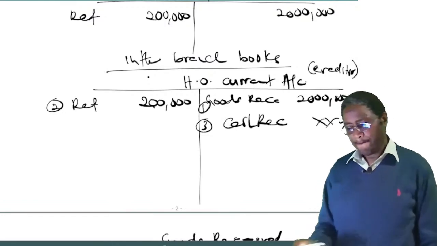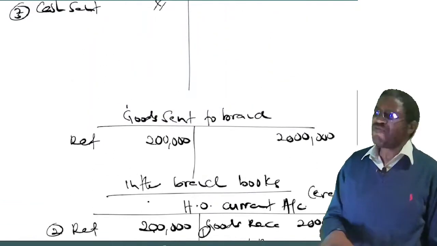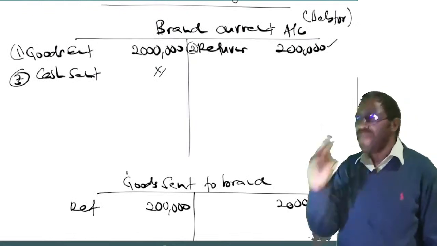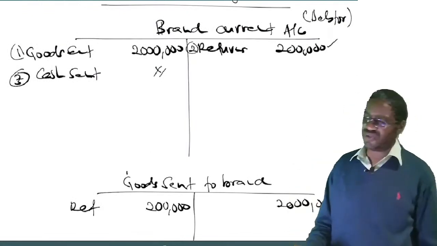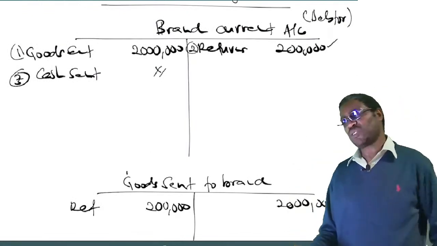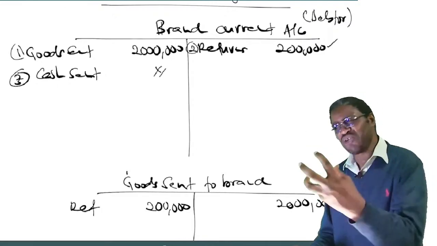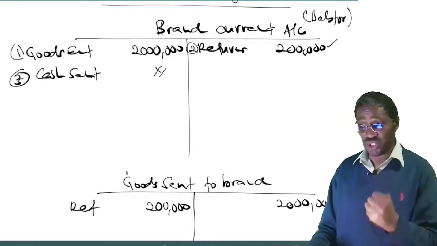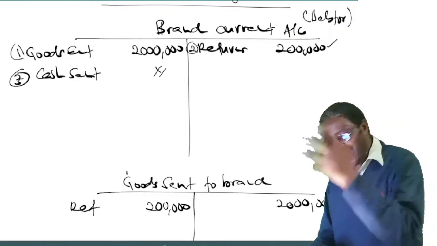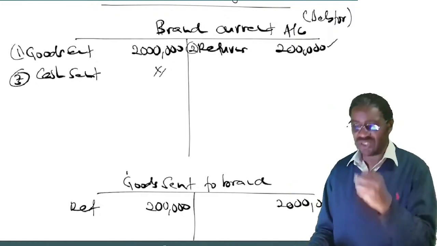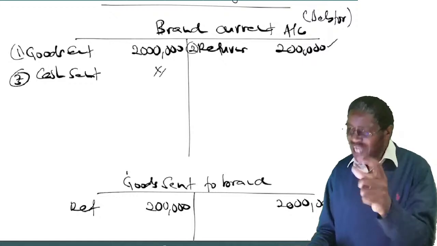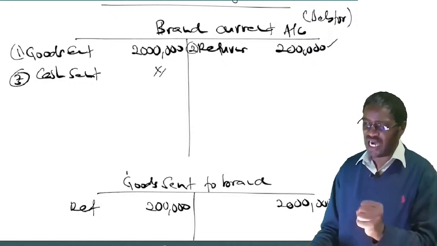Number 4. If you as a branch, you remit some of the cash back to the head office. In other words, with cash that you as the head office are receiving from the branch, which means cash remitted by the branch. You as the head office, you are receiving it now.